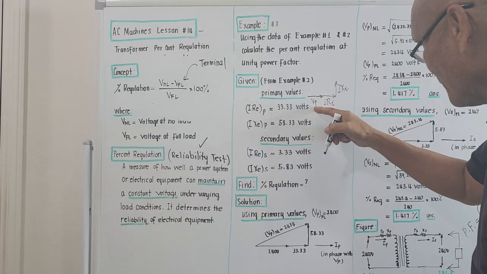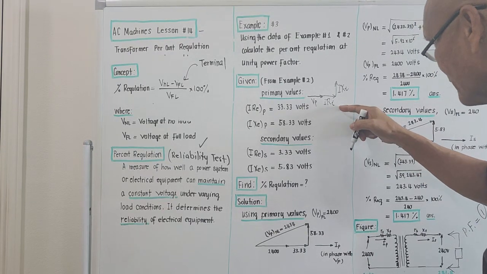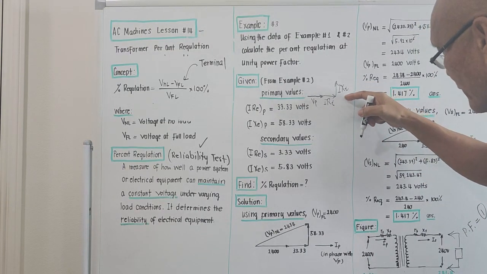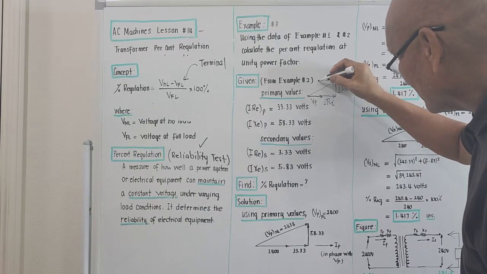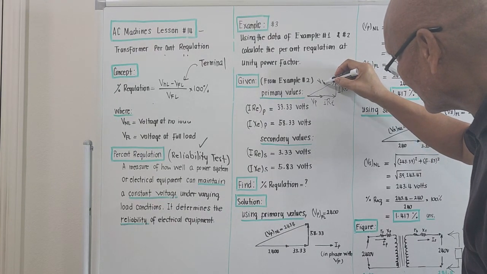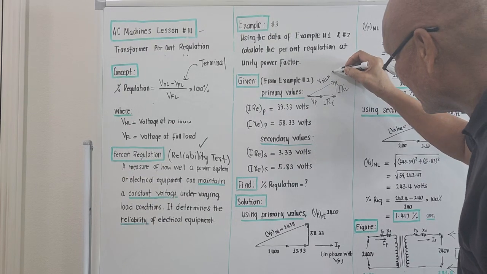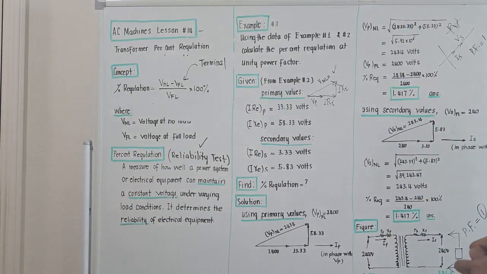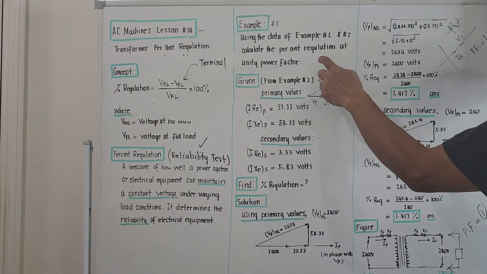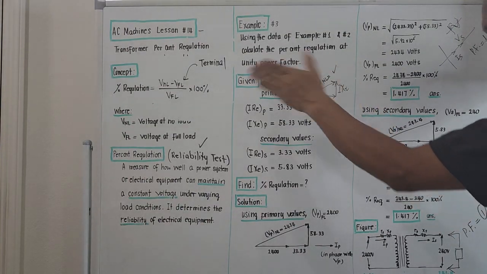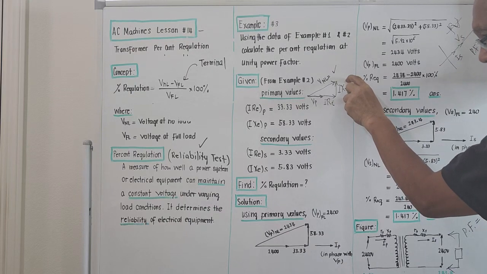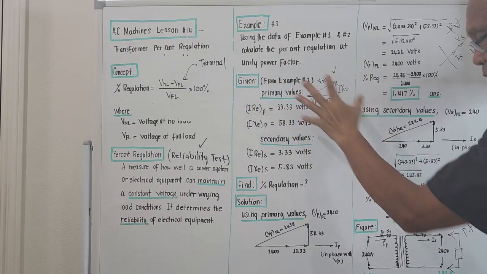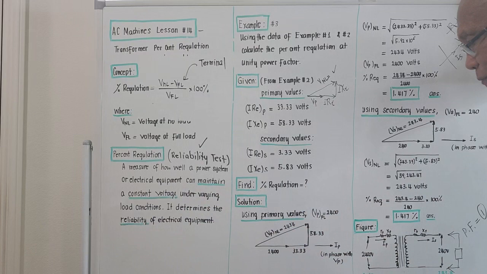And the vector sum of VP plus IR vectorially with IX actually represents the so-called voltage at no load. The voltage at no load is actually greater than the voltage at full load due to this IR drop and IX drop. And the simplified value of this, if we use the primary values, is this. Right?